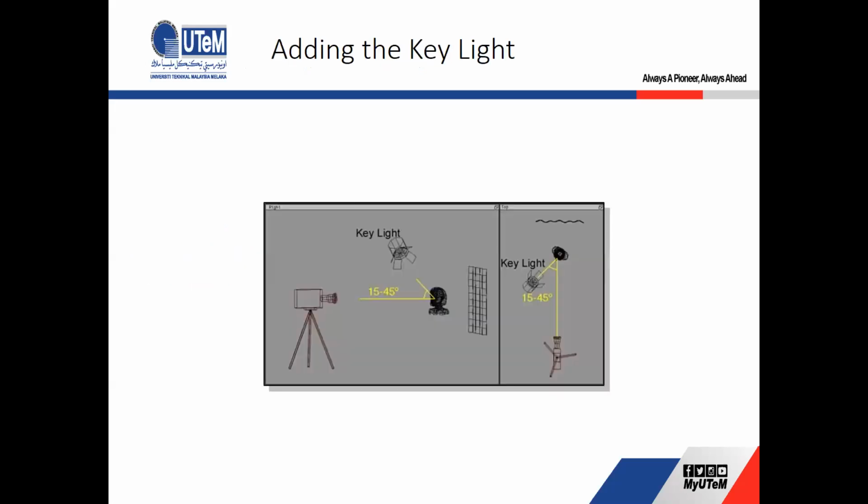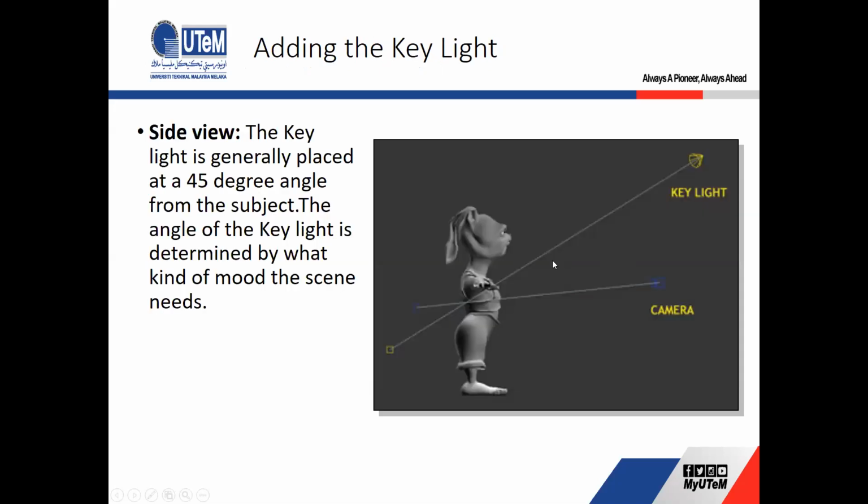We can see here, this is our camera, this is the key light, and this is our object. You can see from here the angle is 15 to 45 degrees for the key light.